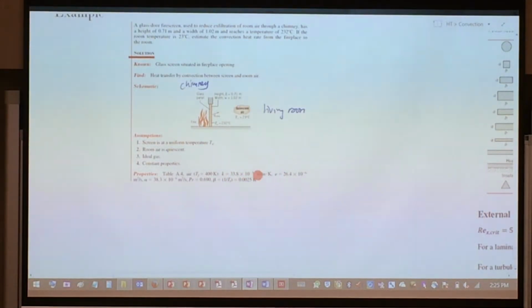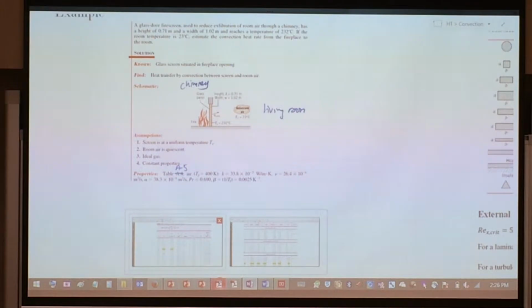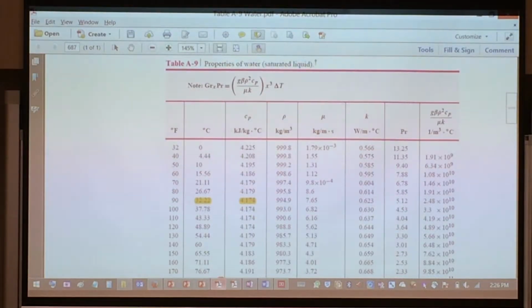In order to help us to determine all these properties, we need to find out what is the temperature that we'll be using. In the case of, if you were to use Holman textbook, you'll be referring to table A5. And I think I have table A5 that I'll bring up. Is that this one? This A9?